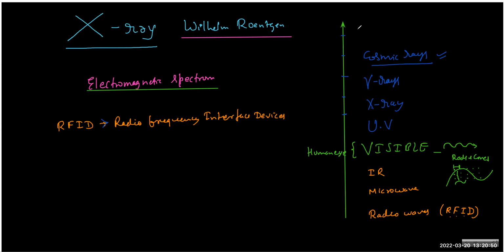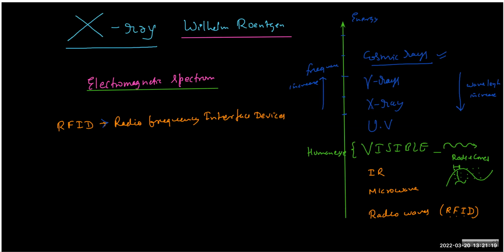As you go up in energy values, if energy grows, the frequency will also increase. But it is opposite with the wavelength. The wavelength will decrease. It will grow downward actually. So wavelength increases downward, frequency increases upward.